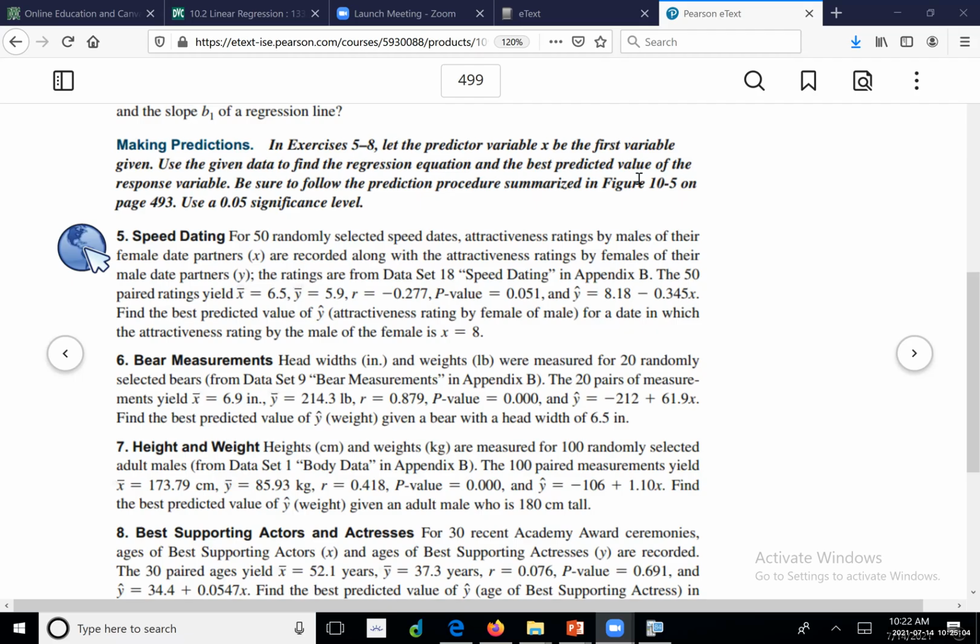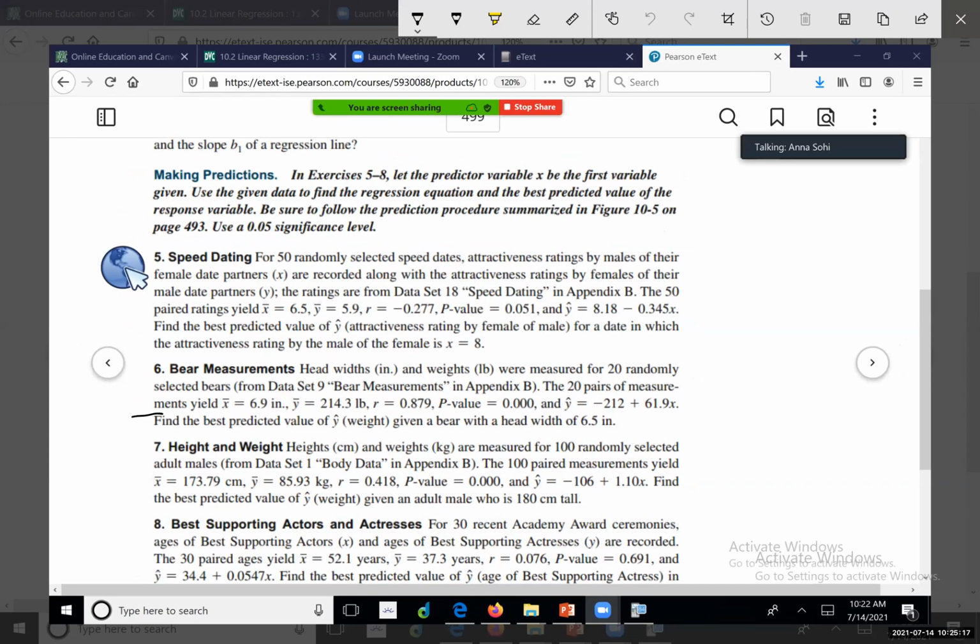X bar, where x is the head width. Y bar, which is their weight. R, the correlation coefficient. And P, which shows whether it's significant or not, which in this case is very small.